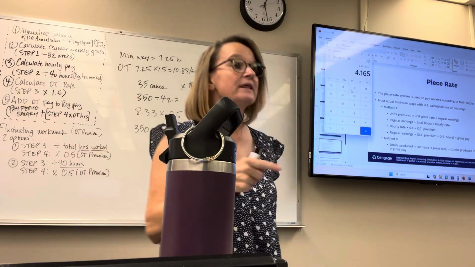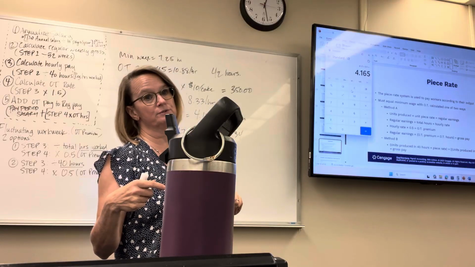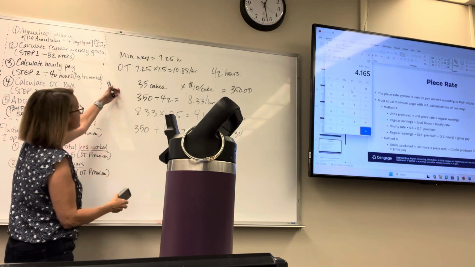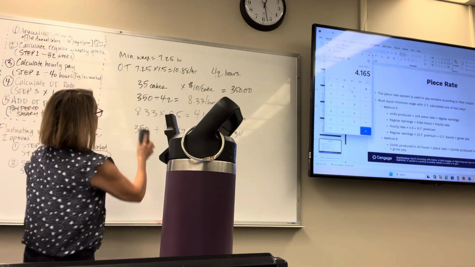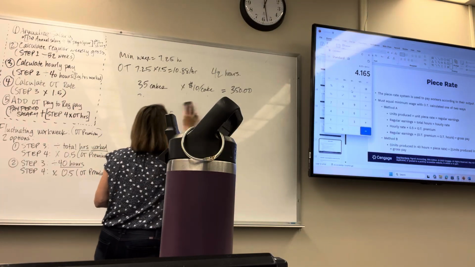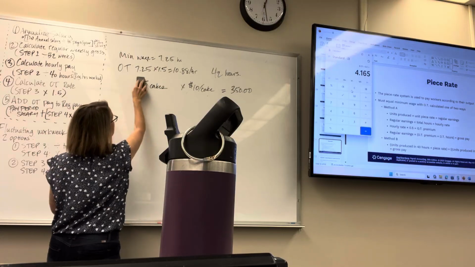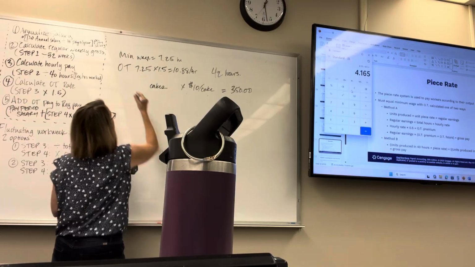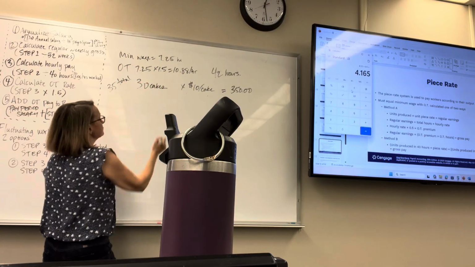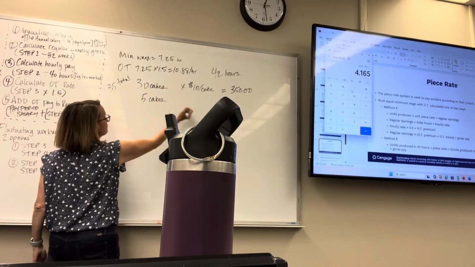But in order to do that, we have to know how many cakes were decorated during those 2 hours. Okay? So for that one, we'll still stick with 35 cakes. We'll say 35 cakes total. 30 cakes were decorated during regular time, 5 cakes during overtime.